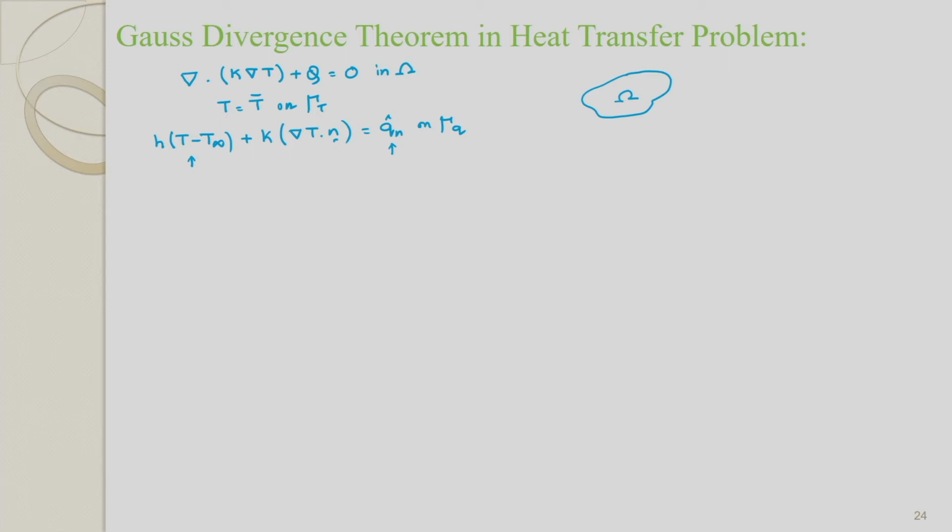So, on gamma q we have a boundary condition in terms of del T dot n.